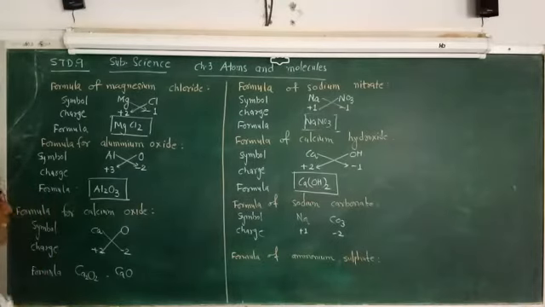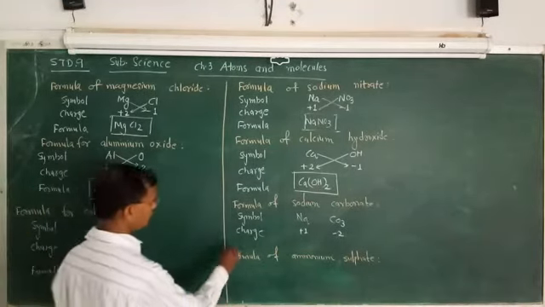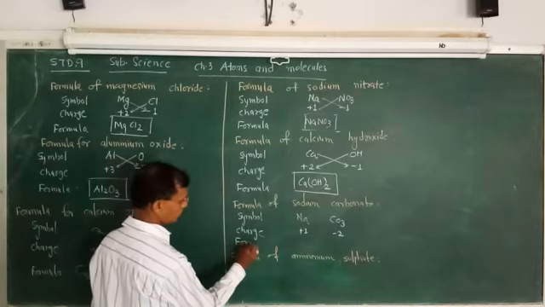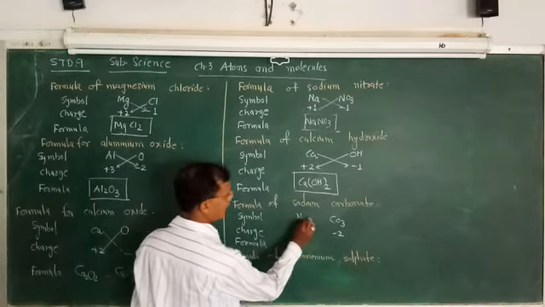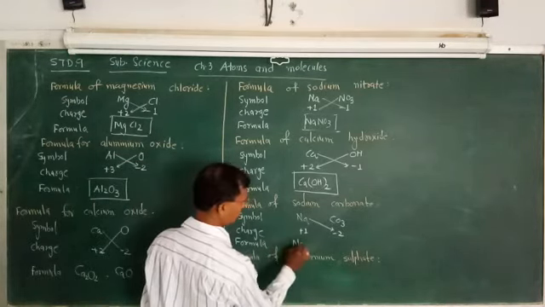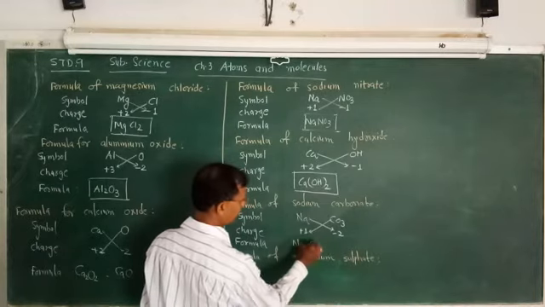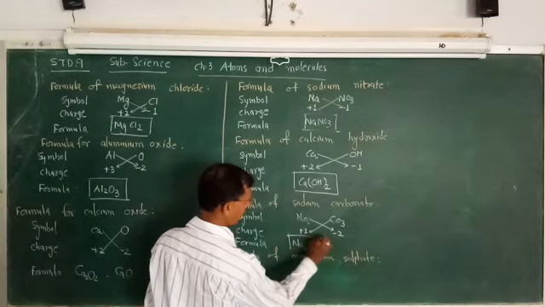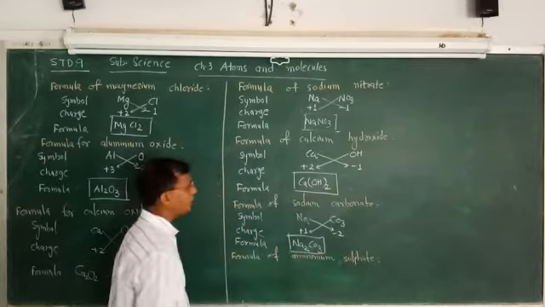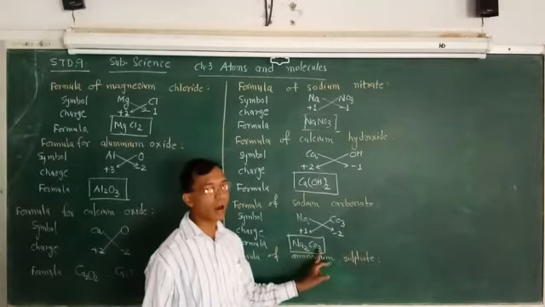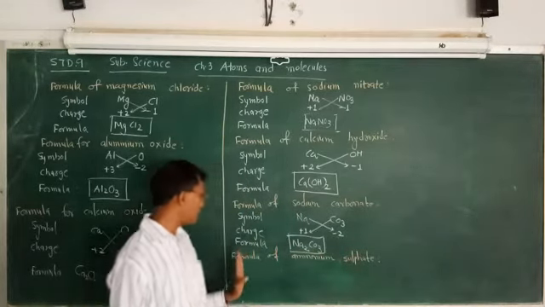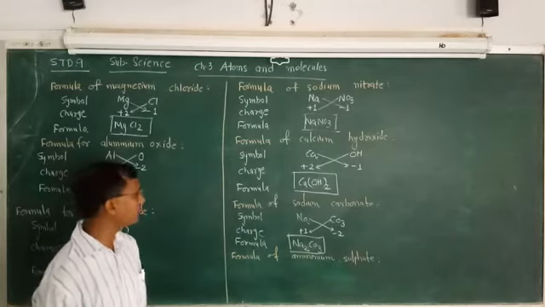Now we write the formula: Na2CO3, sodium carbonate.